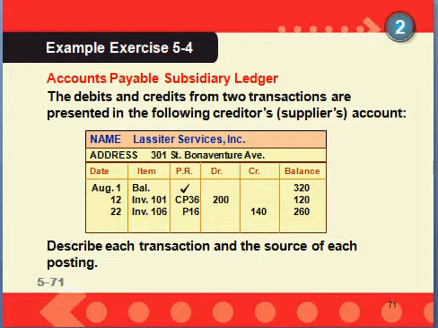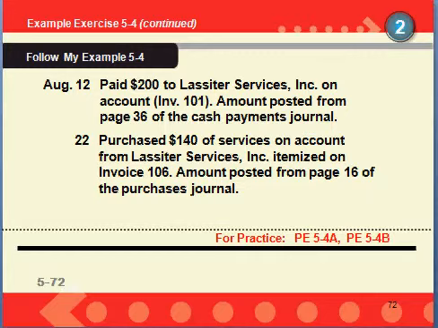And then on August the 22nd, you can see that we purchased $140 from Lassiter Services. So if we look at our explanations, you can see we paid $200 to Lassiter Services on the 7th and purchased $140 of services on account from Lassiter on the 22nd.